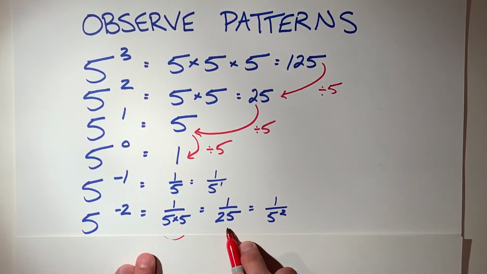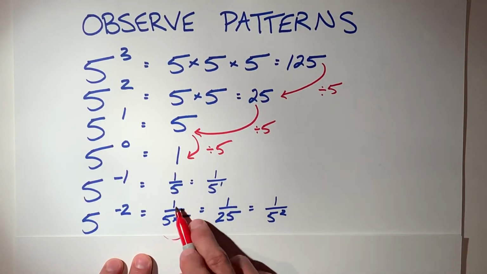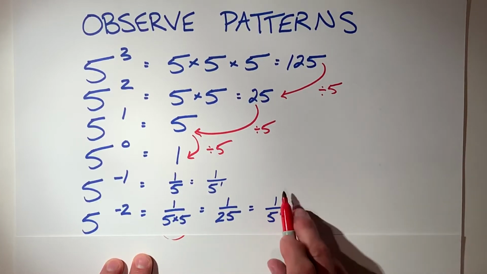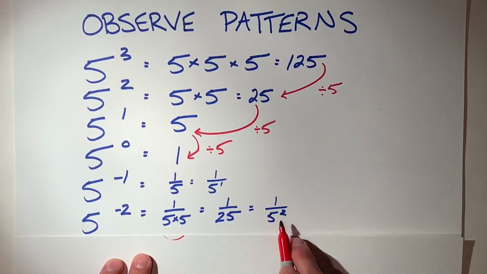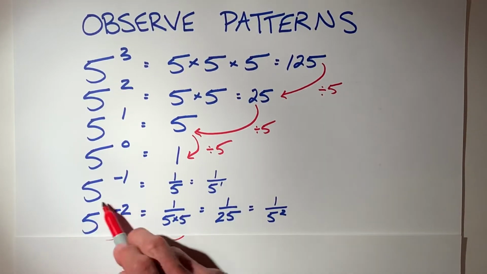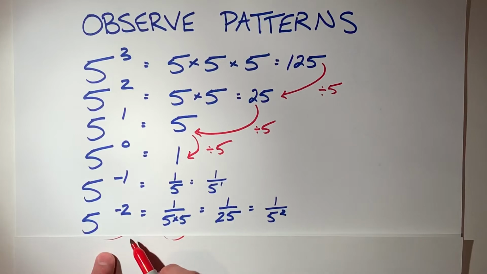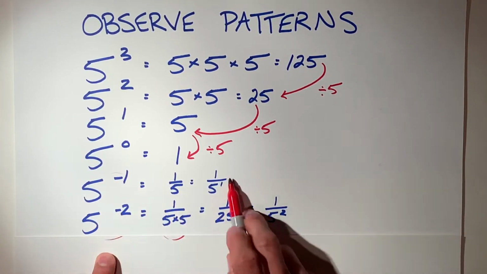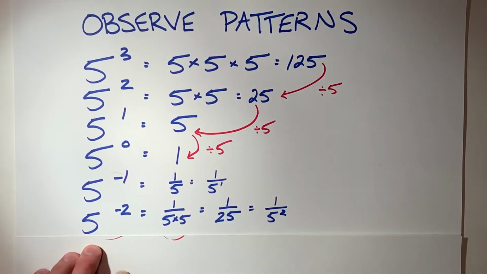Now, I can write it a variety of different ways. I can write it as 1 over 5 times 5, 1 over 25, which is the most common, or 1 over 5 squared. And this is interesting because this looks a lot like this one, with some slightly different formatting. In fact, there's some similarities, 5 to the -1 and 1 over 5 to the +1.